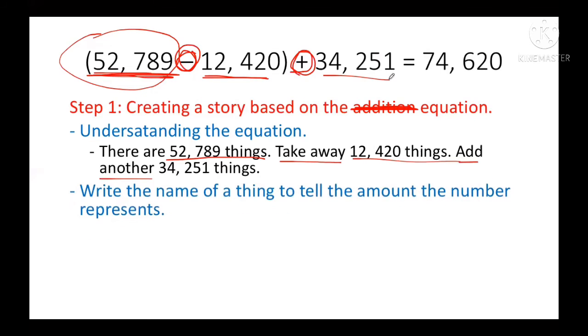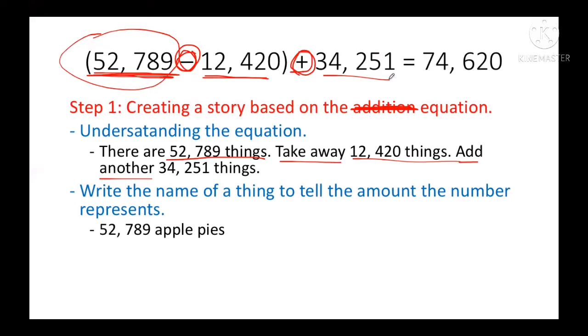Now, after understanding the equation, we are about to name. We need to give a name to these three numbers. Here I chose apple pies. You know what apple pie is? This is delicious. I like apple pie.